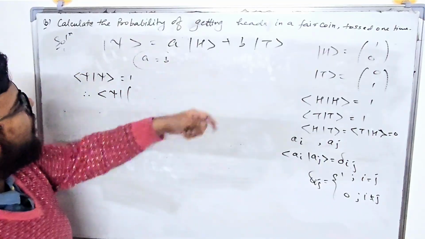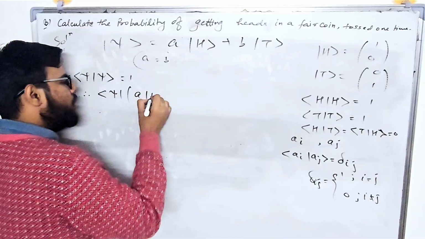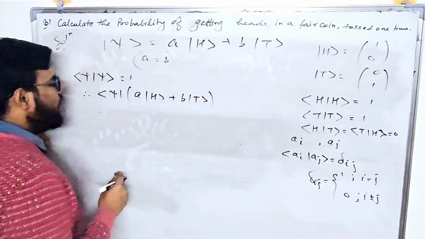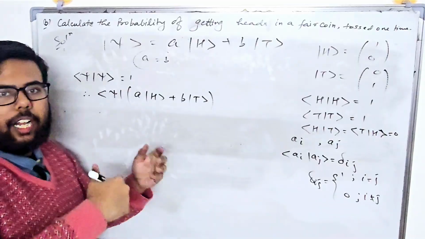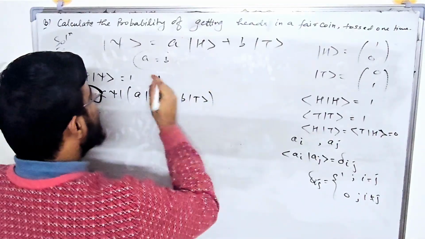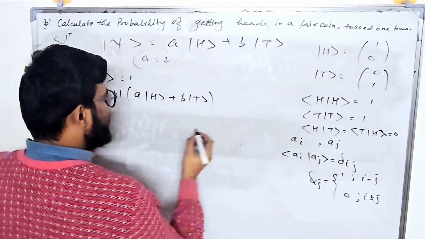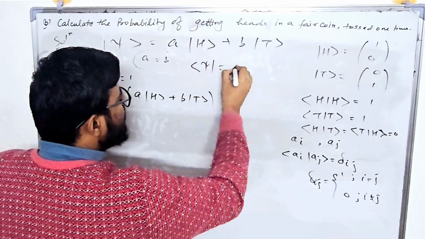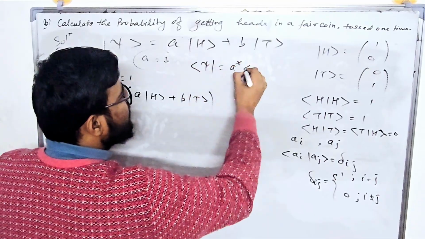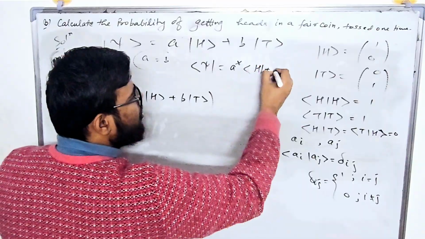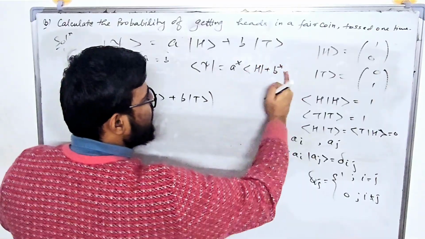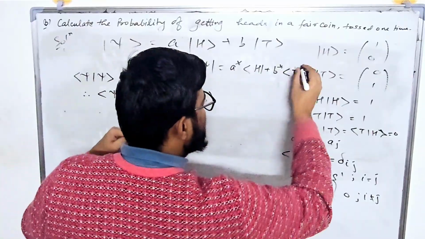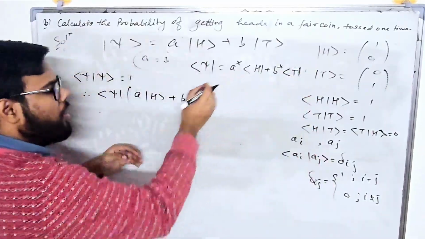What is this? It is a, this is the ket vector, right? And now we have to convert it from a ket to a bra. So what we can do is apply the rule over here. It will be equal to a star plus b star, and over here, sorry, basically it is the conjugate.